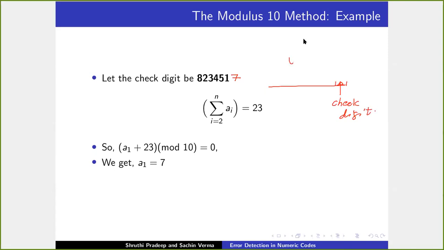So this is the procedure: we add all the digits, and in that sum we also add a1. So a1 plus the sum of all the remaining numbers, and we take mod 10 of that, and we must get 0 for it to be correctly interpreted. If we don't, then we find the possible value of a1.